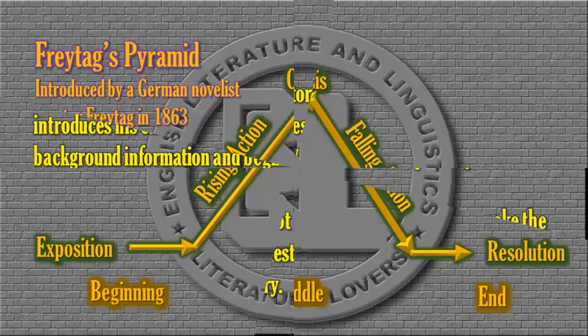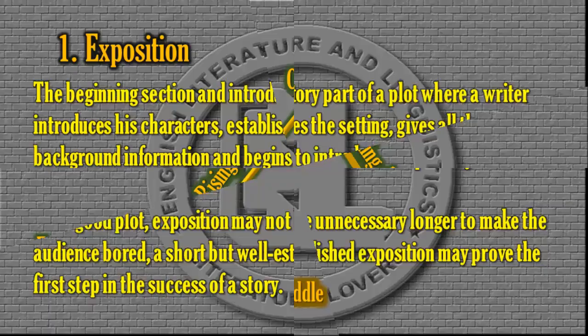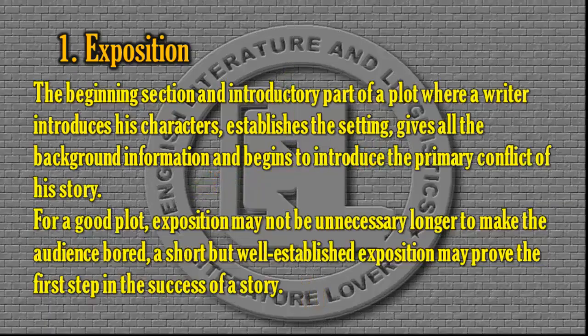Now, let's define the first element of the plot, known as exposition. Exposition is the beginning section and introductory part of a plot, where a writer introduces his characters, establishes the setting, gives all the background information, and begins to introduce the primary conflict of his story.